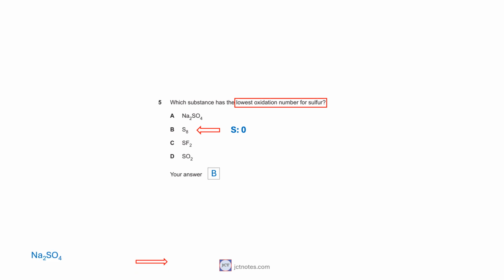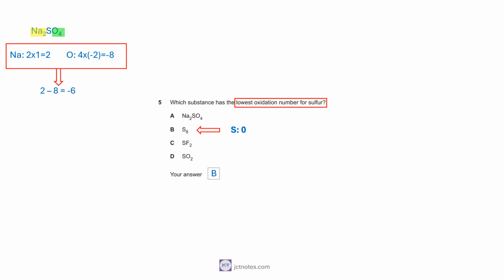Sodium sulfate. We have 2 sodium, each sodium has a contribution of +1, then the total contribution is 2 times 1 equals 2. We have 4 oxygen, each oxygen has a contribution of -2, then the total contribution is 4 times -2 equals -8.